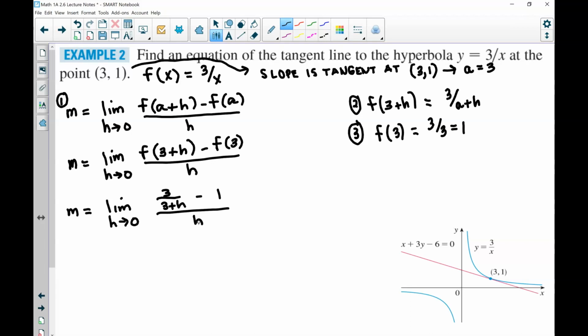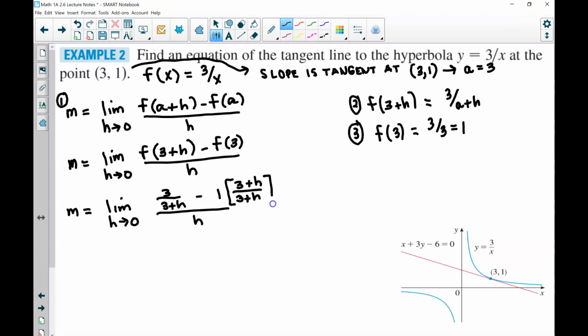There are many ways to go about this problem. We can first multiply everything by h, or we can combine the numerator by using our denominator. So we know that 1 is the same thing as the fraction 3 plus h over 3 plus h.